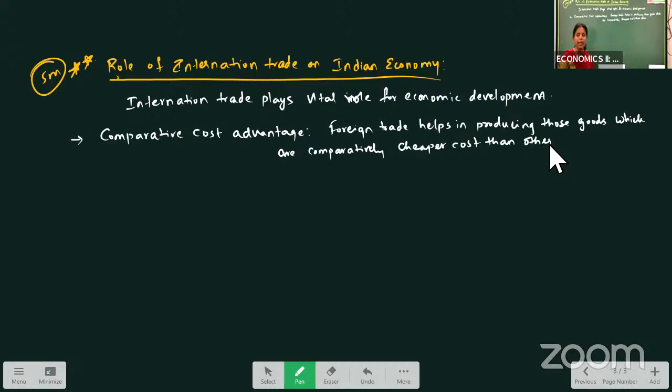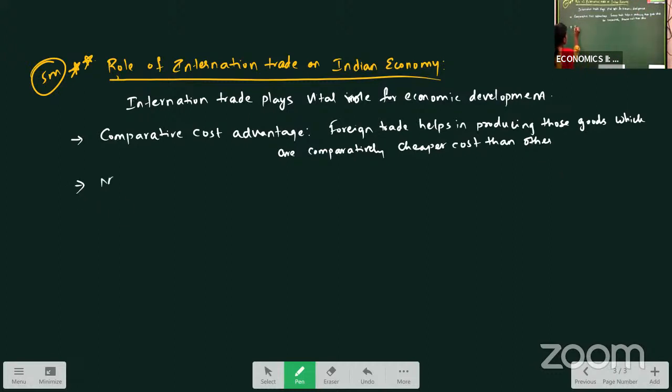By comparing these two, if our cost of production is cheaper, then we will make that product in our country so that it will be available at low price for all the people. This comparison is possible with foreign trade. So India also specialized in the production of those commodities which have comparative cost advantage.